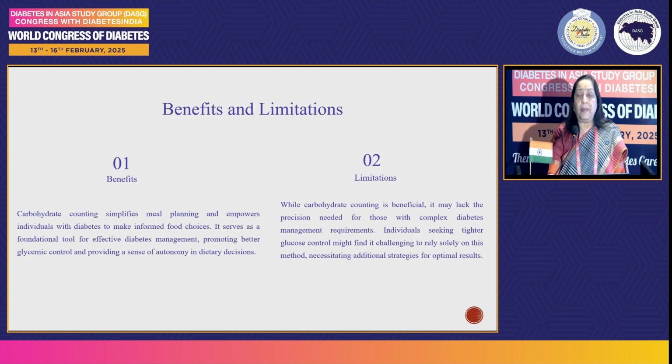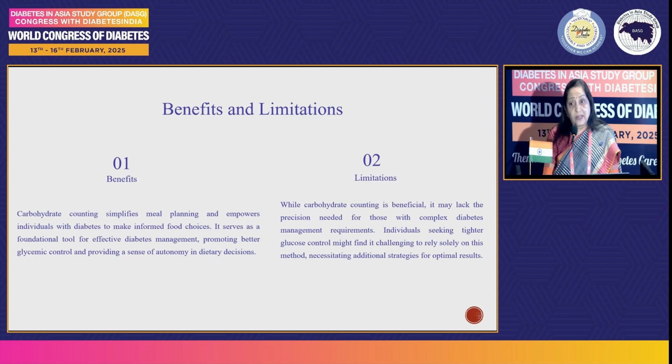Now, what are the benefits of basic carbohydrate counting? You can see carbohydrate counting simplifies meal planning and empowers individuals with diabetes to make informed food choices. It serves as a foundation for effective diabetes management, promoting better glycemic control and providing a sense of autonomy in dietary decisions.